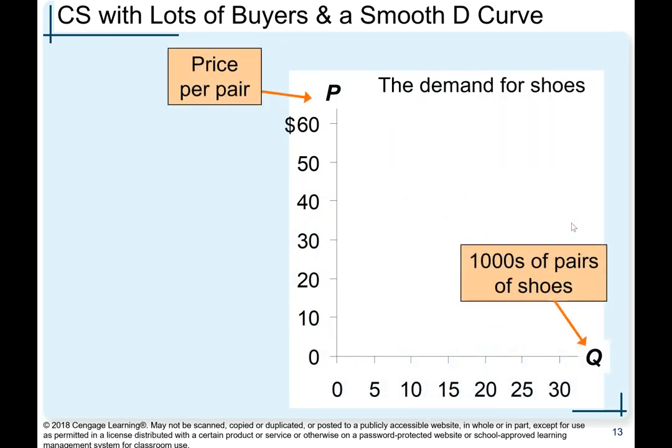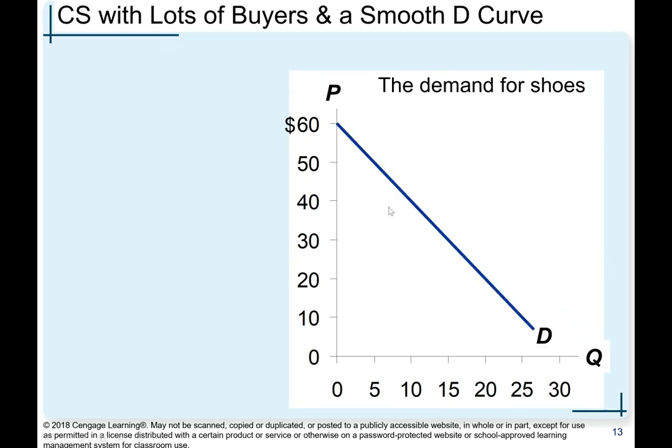So let's look at consumer surplus with lots of buyers and a smooth demand curve. The price is measured on the vertical axis and output being sold is measured on the horizontal axis. And that negatively sloped curve is the demand curve. I'm sure that is the demand curve that you're used to seeing. This is the market for shoes.